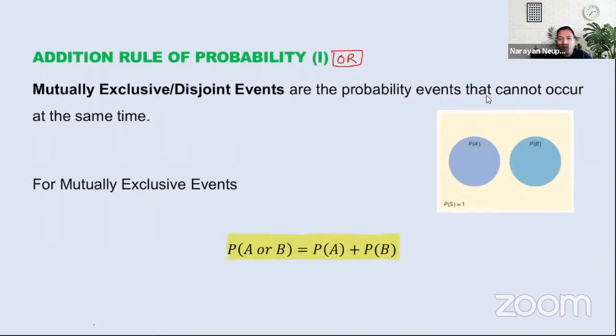For mutually exclusive events, the probability of A or B is equal to the probability of the first event plus the probability of the second event. Highlight that formula. This is for mutually exclusive or disjoint events, and in the question you'll see the critical word or.